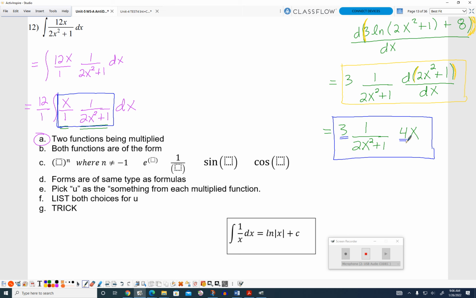So put those together, there's the 12 right there. So that's the idea. I'm trying to find the antiderivative of this. Well, that's going to become this right here. I just got to figure out how to do that. Questions?